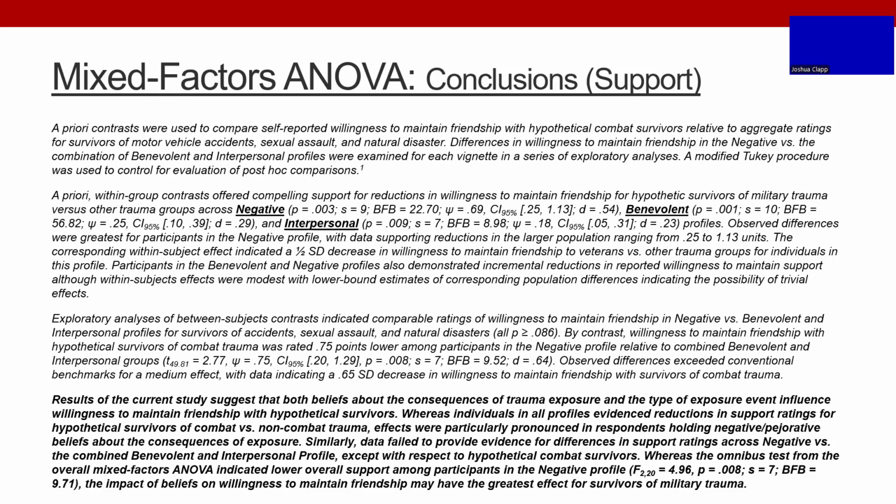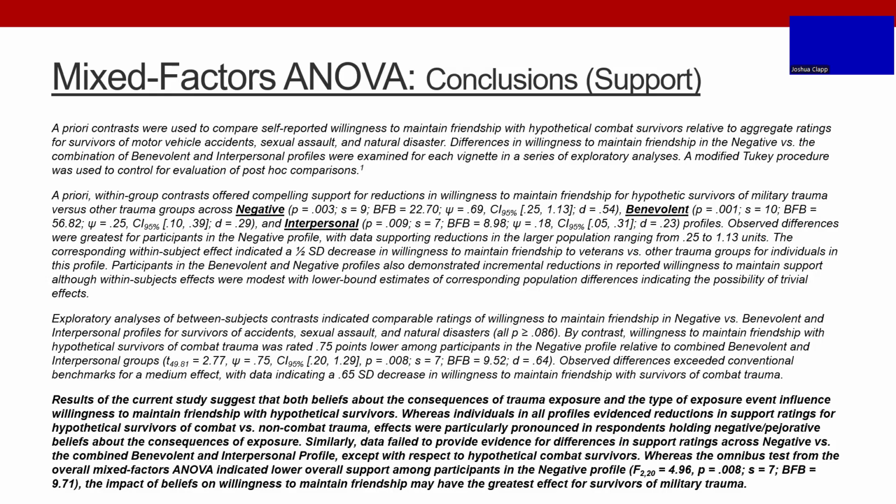Differences in willingness to maintain friendship in the negative versus the combination of benevolent and interpersonal profiles were examined. For each vignette, instead of exploratory analysis, a modified procedure was used to control for error in post hoc comparisons. I've got a footnote there because I'm going to have to explain what that is and what I did, which is the drawback of this: you have to explain to people exactly what that is and why you did it.